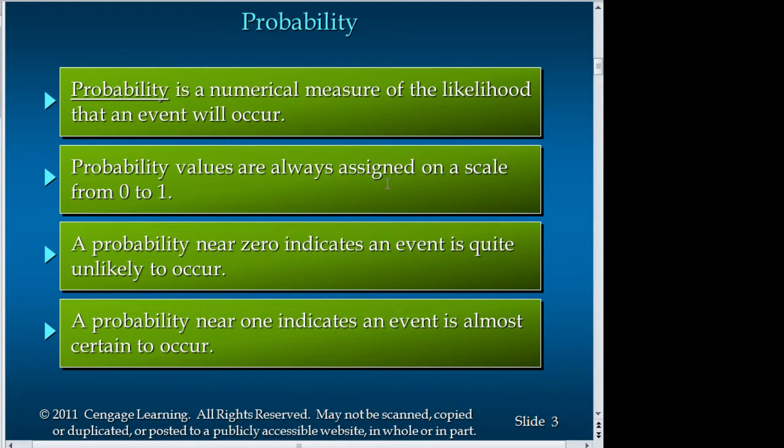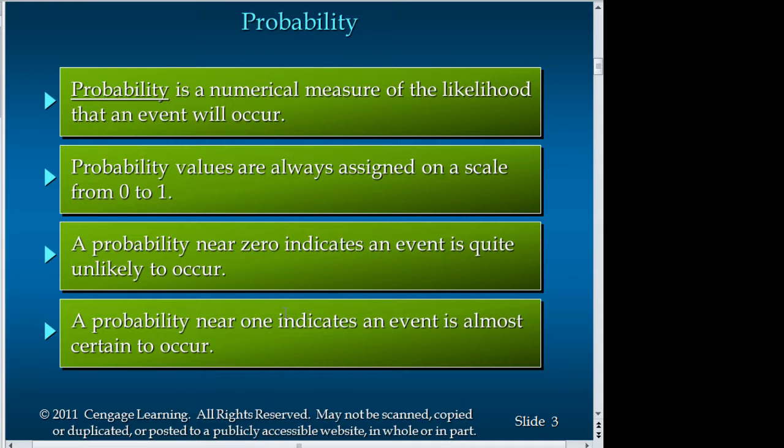And probability value is always assigned on a scale from 0 to 1, meaning you cannot have negative probability or a probability bigger than 1. You can be 100% sure, but being 120% sure or 200% sure technically doesn't make sense. Probability near 0 indicates an unlikely event, not likely to happen.